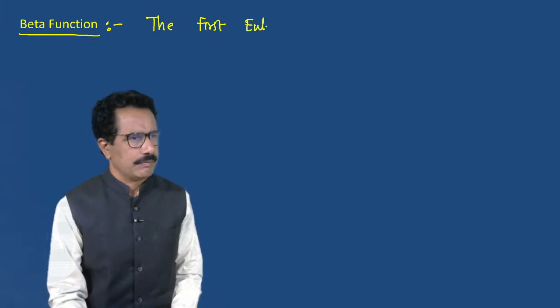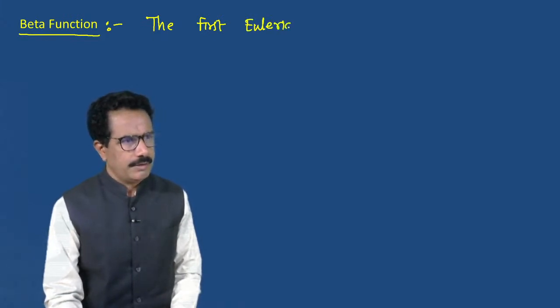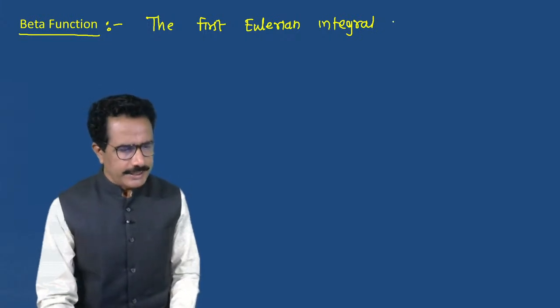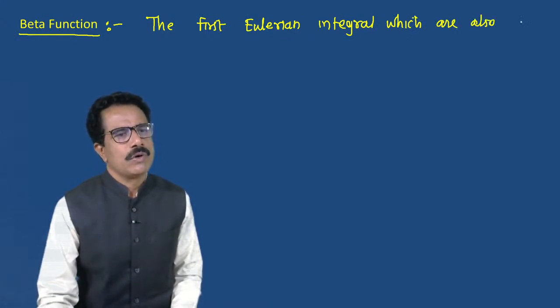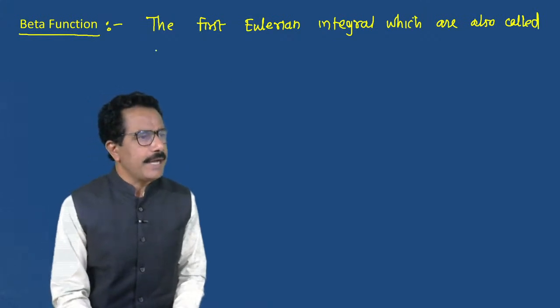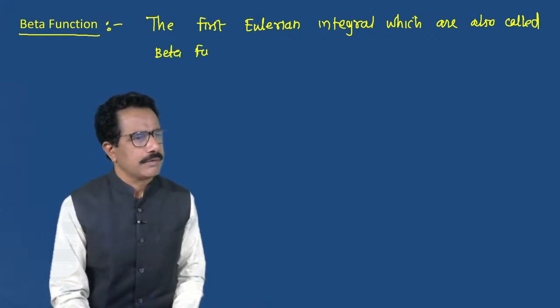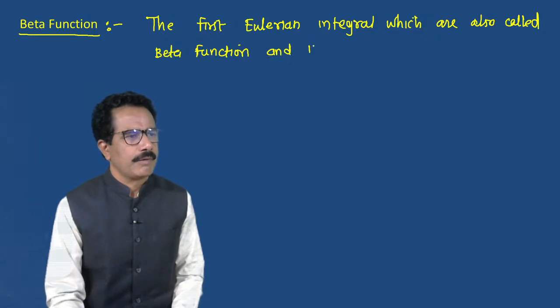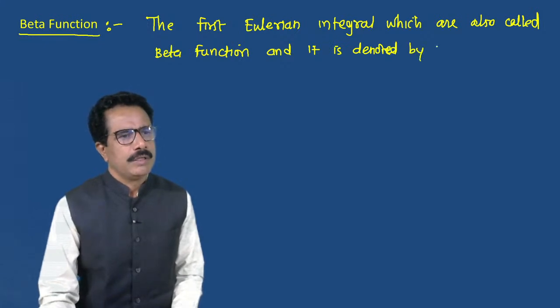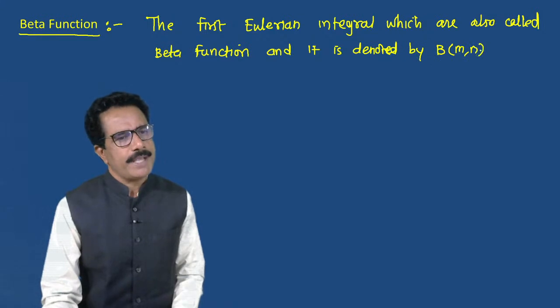The first Eulerian integral, which is also called the beta function, and it is denoted by beta of m comma n.